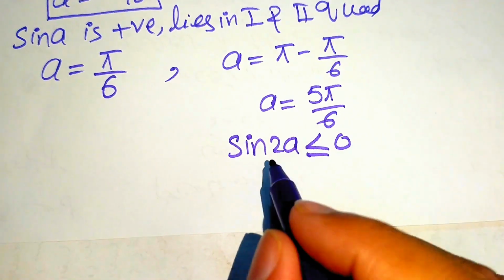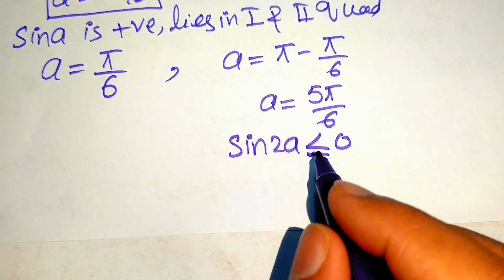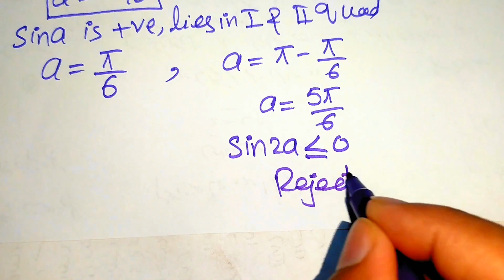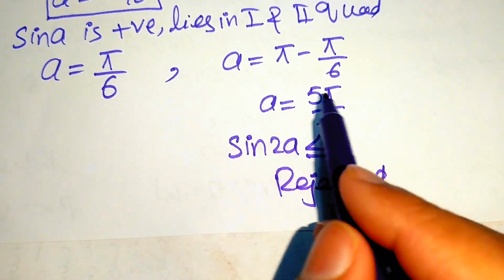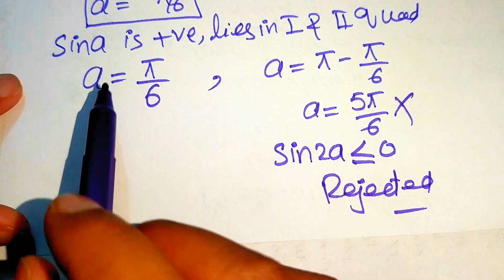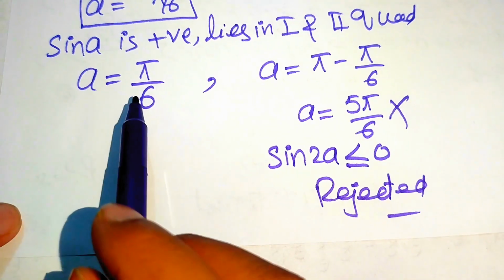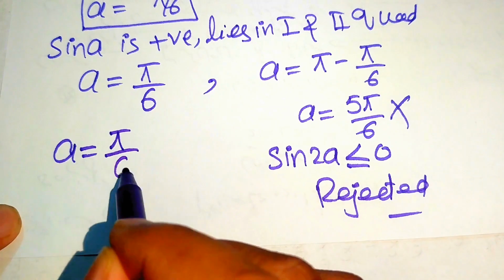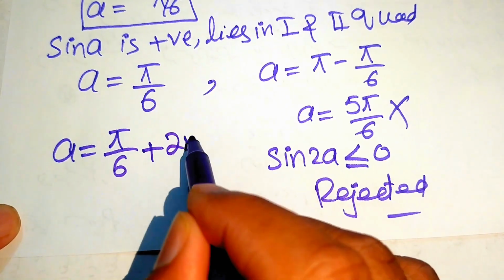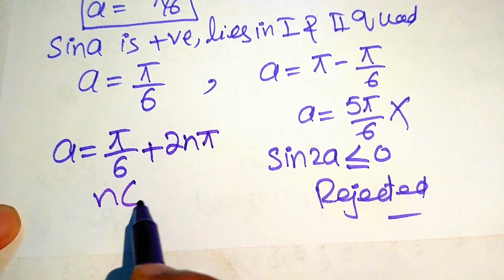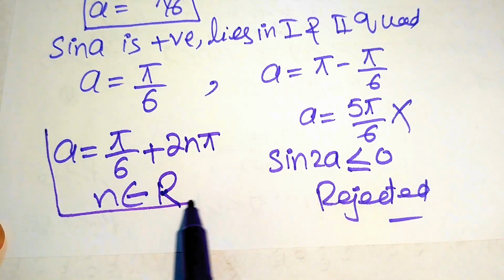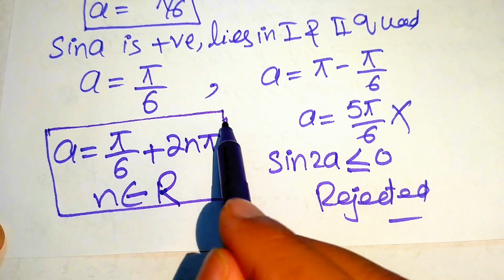It means that sin 2a, being the side length of a triangle, cannot be negative or 0, so we reject this value, and we have just one value for this question, which is a equals pi by 6. If we write it in general, we get a equals pi by 6 plus 2 n pi, where n belongs to R, any real number. So this is the final answer of this question.